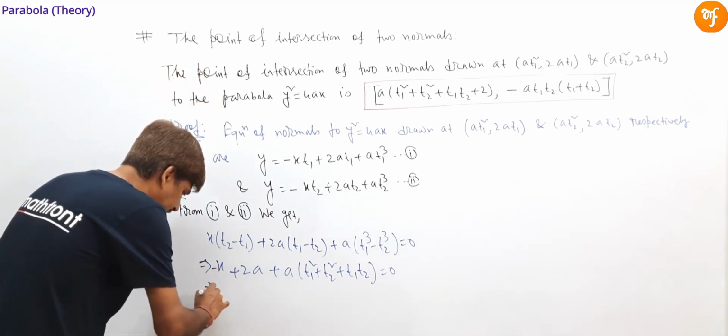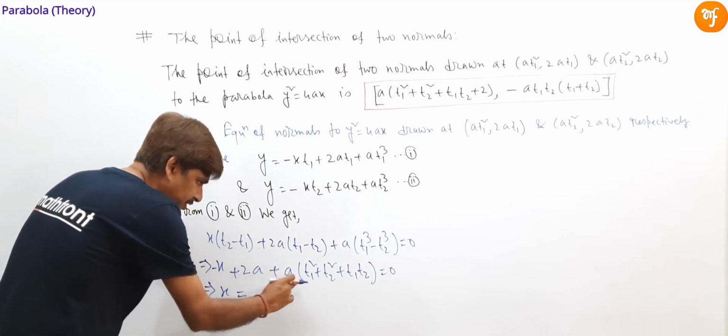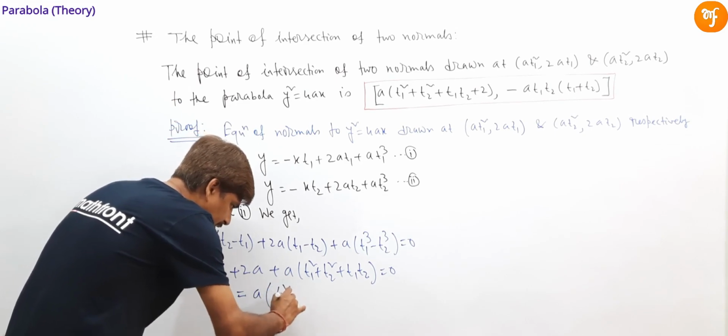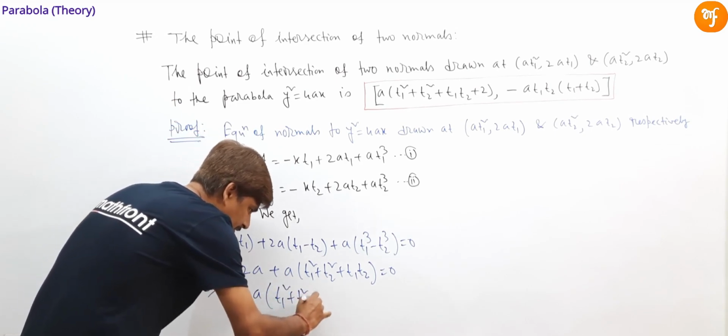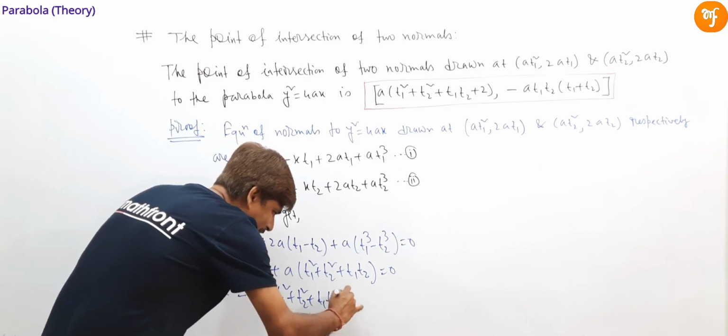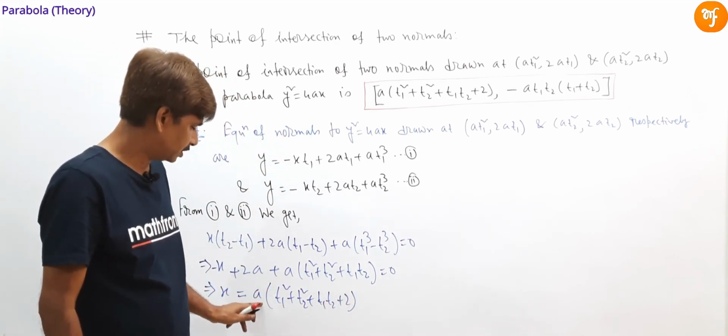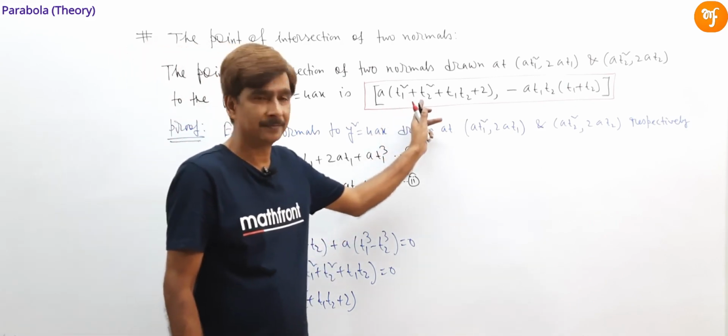So the value of x we will get, taking a common, is a(t1² + t2² + t1t2 + 2). So we get the x coordinate of the point of intersection. We write this here also.